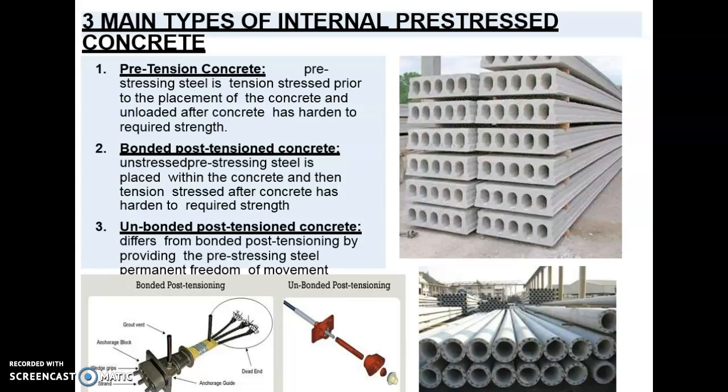Bonded post-tensioned concrete: unstressed pre-stressing steel is placed within the concrete and then tension stressed after the concrete has hardened to the required strength. Unbonded post-tensioned concrete differs from bonded post-tensioning by providing the pre-stressing steel permanent freedom of movement. There is an image for bonded post-tensioning and unbonded post-tensioning.